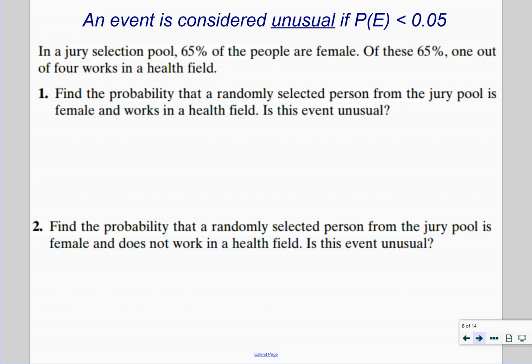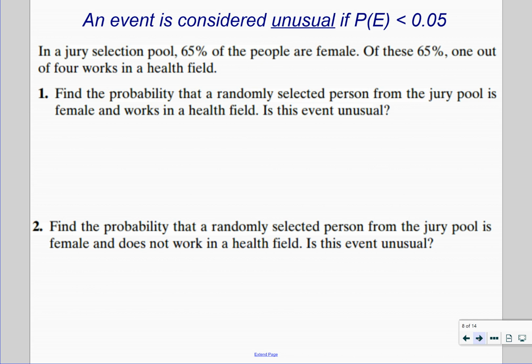In a jury selection pool, 65% of the people are female. Of these 65%, 1 out of 4 works in the healthcare field. Find the probability that a randomly selected person from the jury pool is female and works in the healthcare field. Is it unusual?